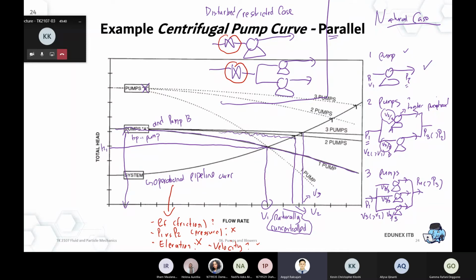So the main manipulation will be in the friction. Okay, the main manipulation will be in the friction, especially if it's not 100% open valve. Okay, it's really called choking.